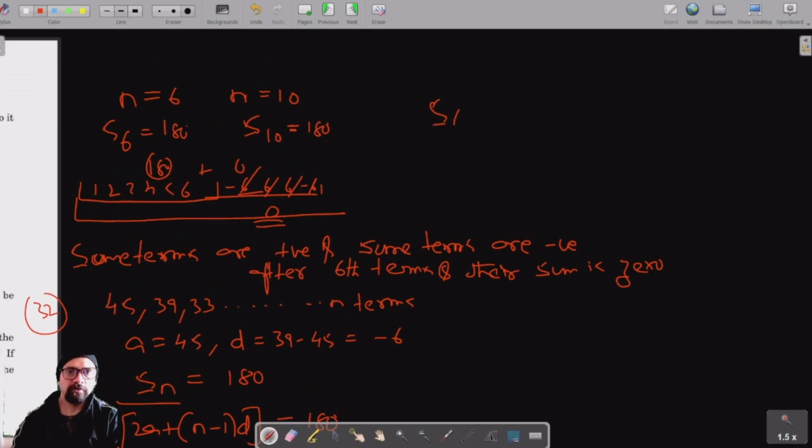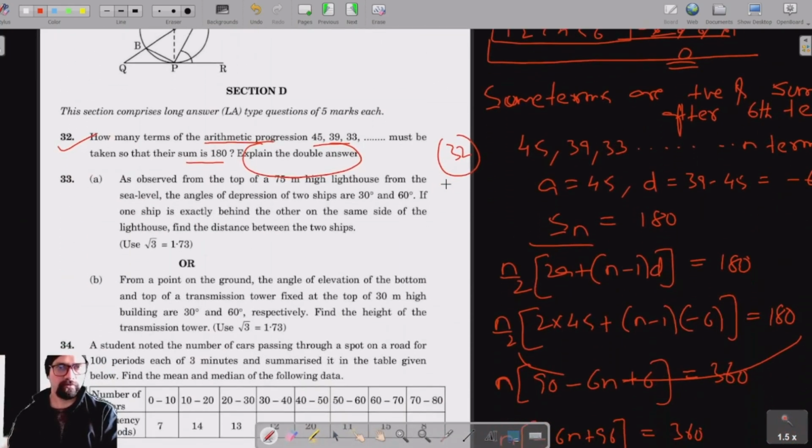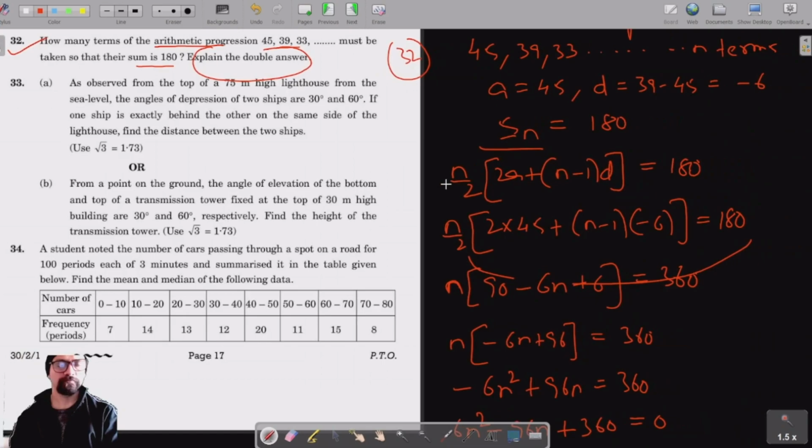So that's why the sum of 6 terms is 180 and the sum of 10 terms is also 180. Okay, now let's move on to question number 33.